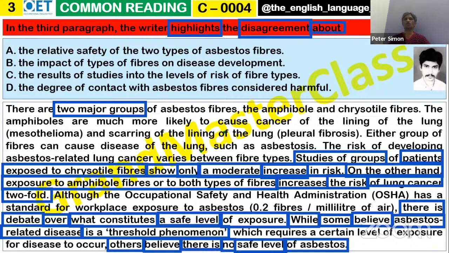Whereas some say there is no safe level. Little also is dangerous. Every level, even 0.1, is also dangerous. That is what they say. So they are talking about a certain level. Some say a certain level of exposure is safe, others say there is no safe level.